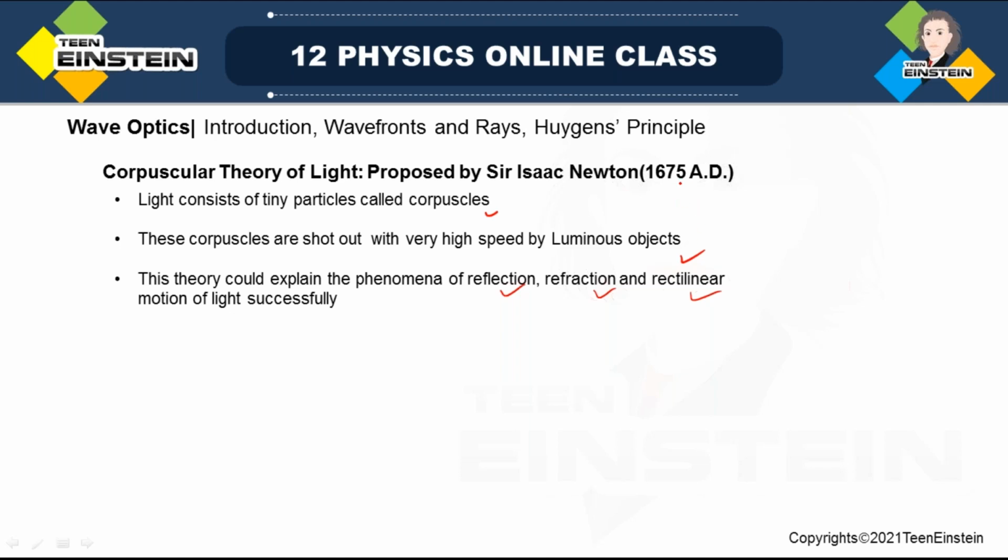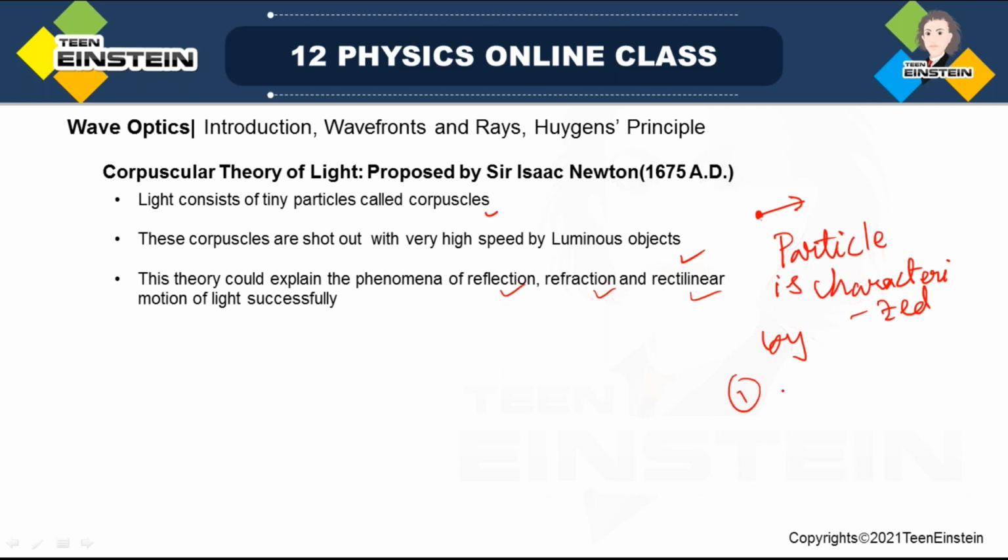He is the father of classical mechanics, and he gave the laws of motion, where he considered all objects as tiny particles. And a particle is characterized by position and momentum.